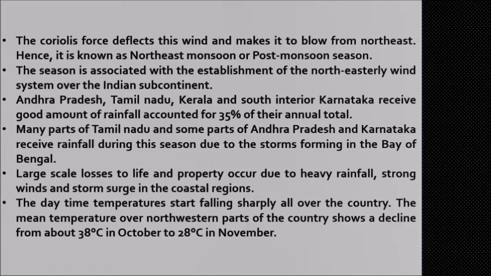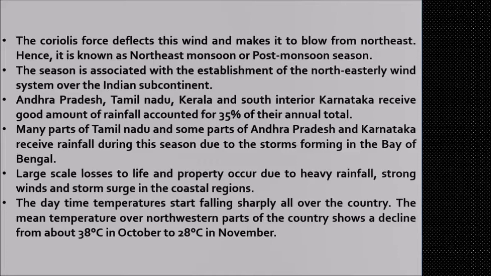Large scale losses to life and property occur due to heavy rainfall, strong winds and storm surge in the coastal regions. A very big loss of life and property occurs only because of the heavy rainfall, strong winds and storm surge.